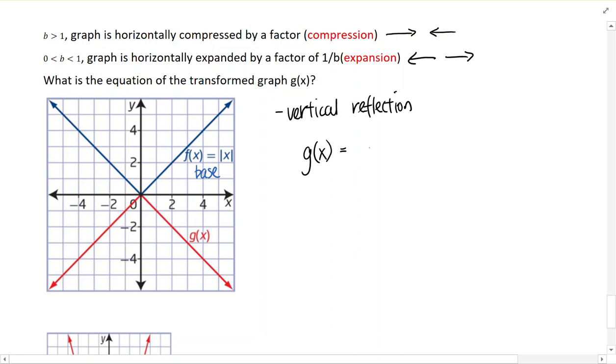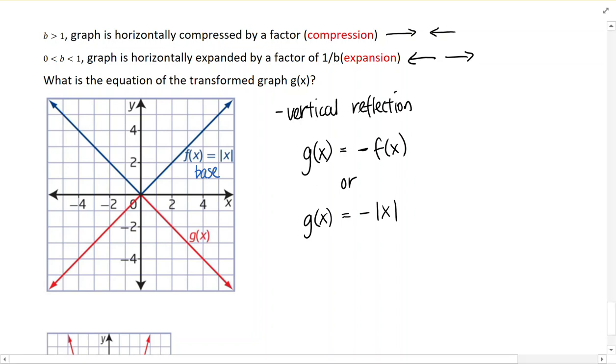Our original, with a vertical reflection, the negative is outside the function. So you'll have the negative sign, and our f of x was multiplied by -1 to get our new function. Another way to write it, instead of f of x, is to put the absolute value to replace the f of x. Remember, the negative sign must still be outside the function. So there it is, two ways of writing the same thing.